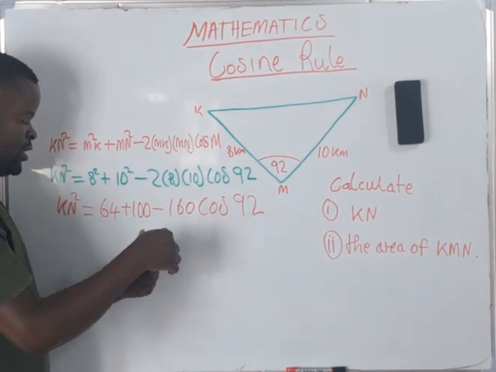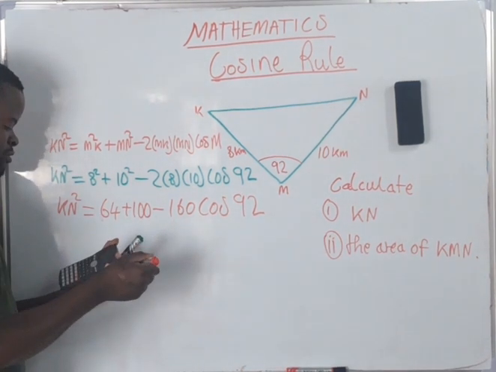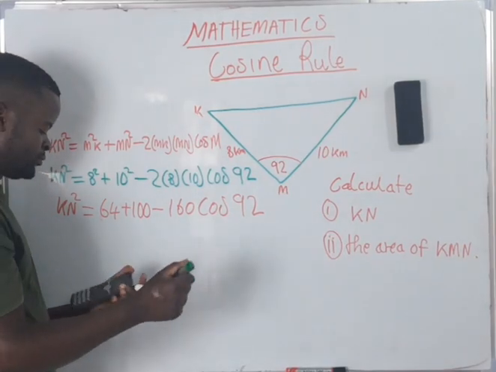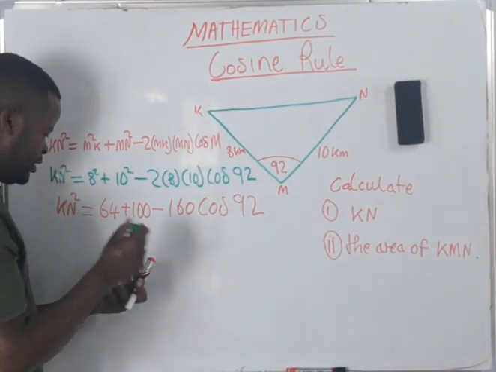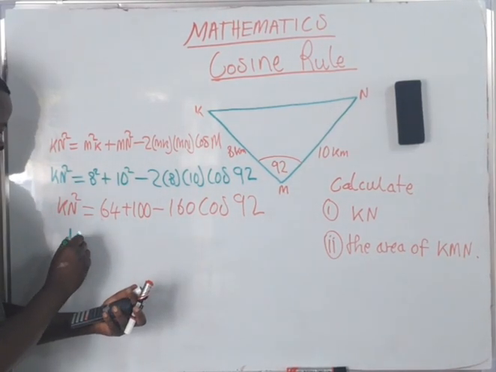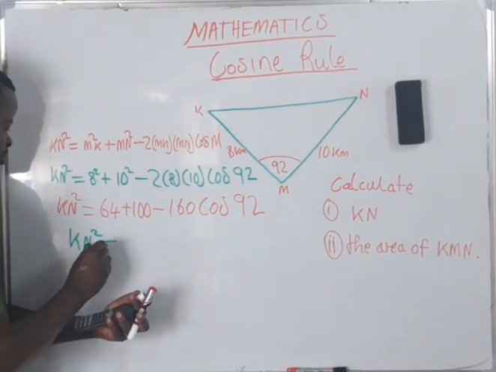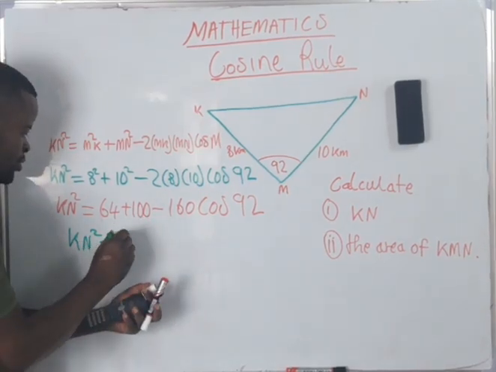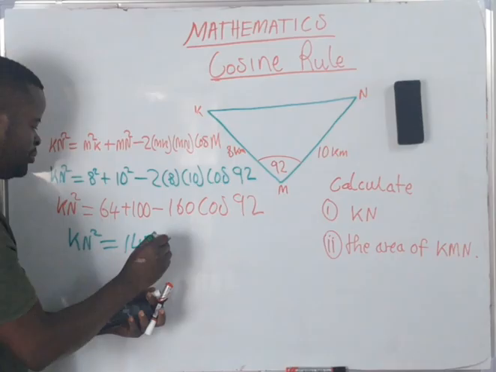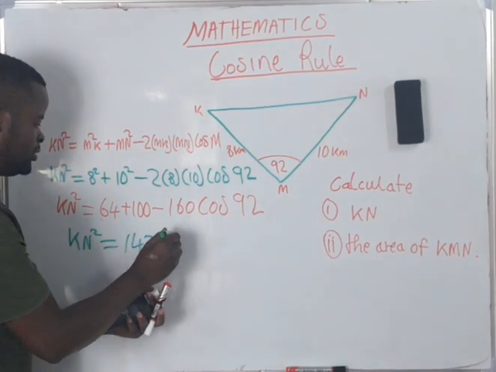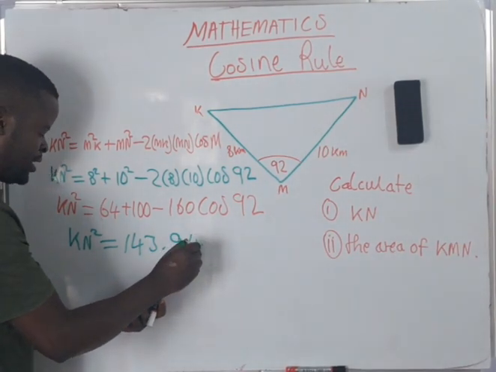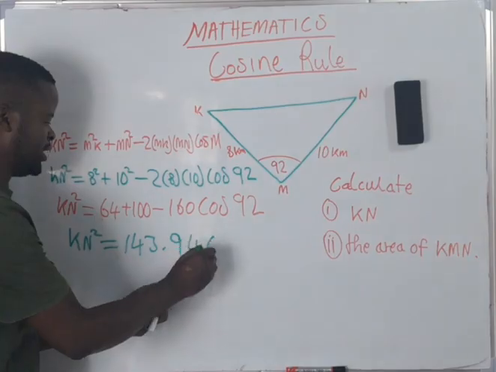I'm going to get distance KN to the power 2 is equal to 143.9496.